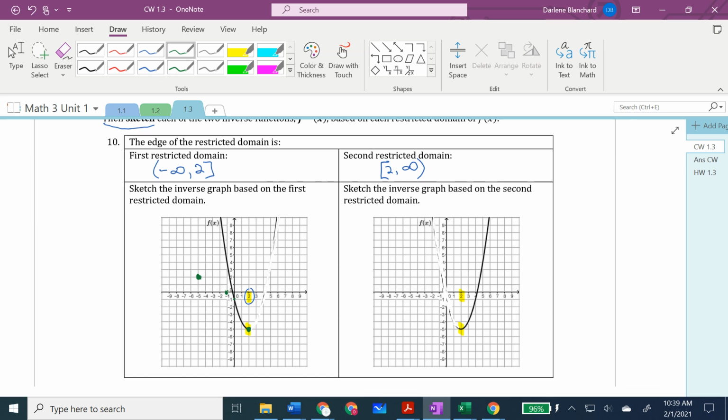Do any of you feel like you can see the graph at this point? Keep going. Here I have (-1, 4), so I'm going to draw (4, -1). And I want to make sure to clarify that this is the original.